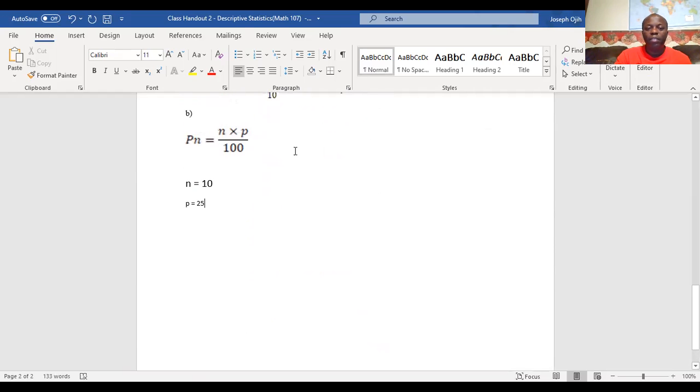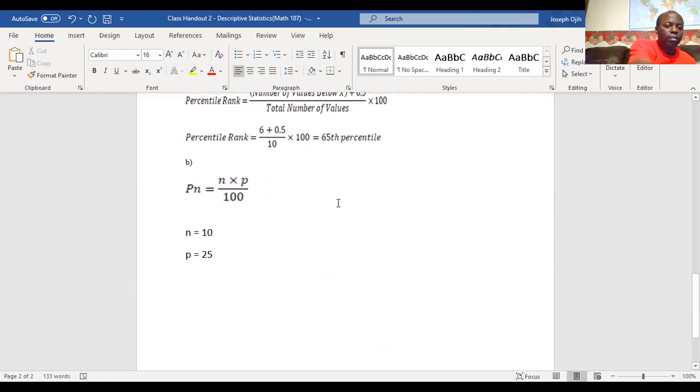So we can now plug these values in this formula here. Let me make this big so you can see it very well. Okay. So let me write it down and then take it there to that section. So we can do it together.